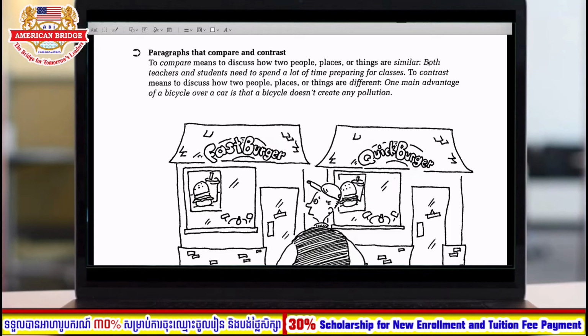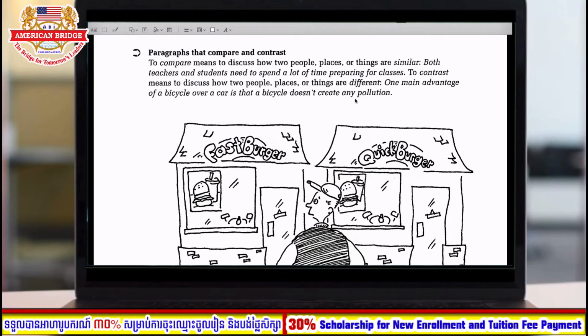Generally, the compare and contrast paragraph come together in one paragraph. So if you look at the example here, one main advantage of a bicycle over a car is that a bicycle doesn't create any pollution. So if you look at this example, they try to contrast the use of the bicycle and the use of the car.